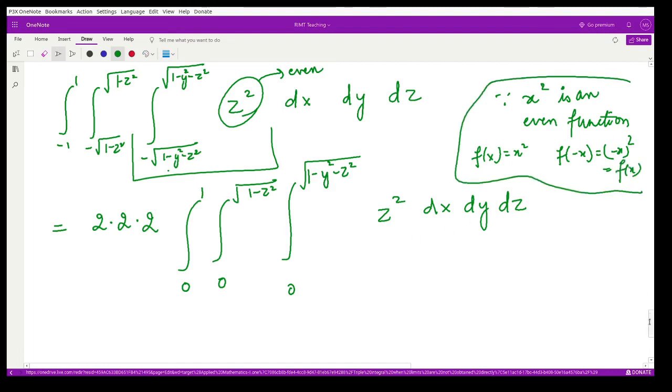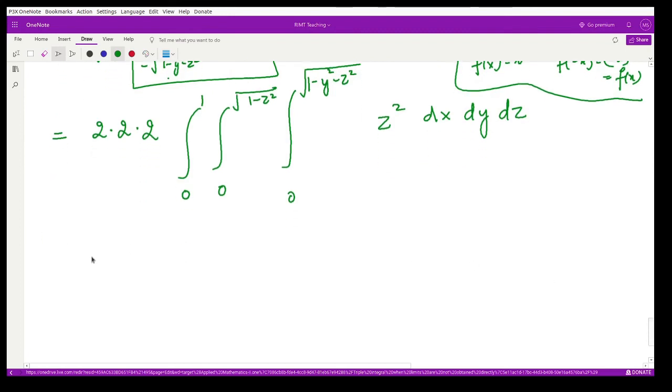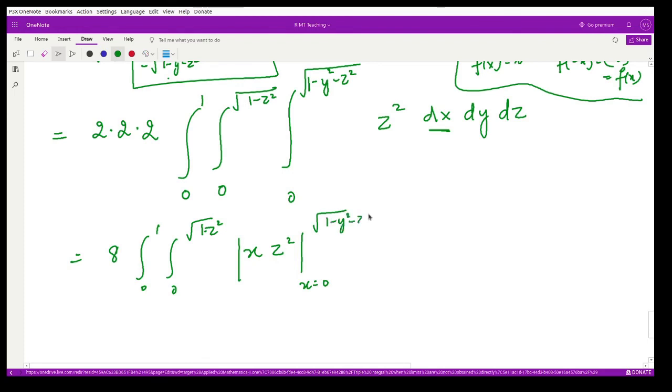Okay. So now we can simplify this. Firstly, we'll perform this integration with respect to x. So here we have 8, and then from 0 to 1, from 0 to square root 1 minus z square, and then integration would be x into z square, and then the limits of x from 0 to square root 1 minus y square minus z square, dy dz as such.